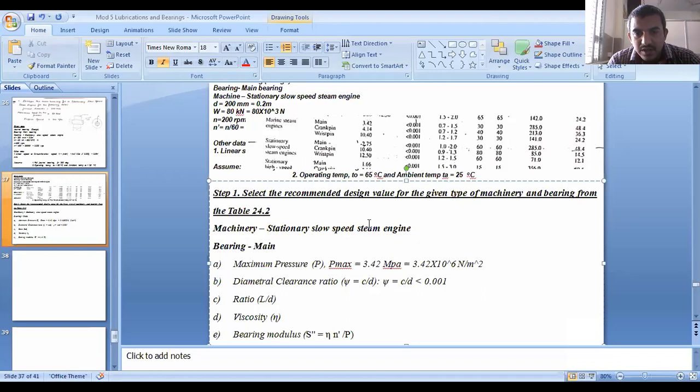Sorry, the maximum pressure for stationary slow speed engine, the marine one, is 2.75. So make the correction. This is the value you should take, right?